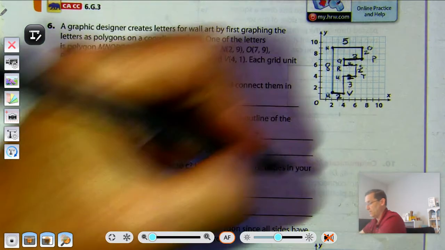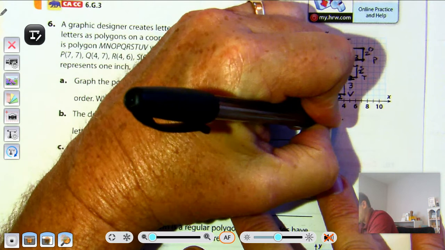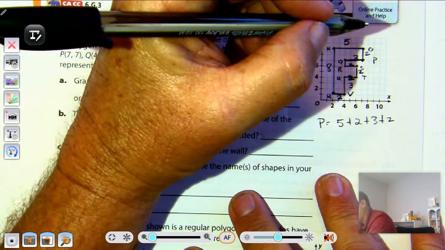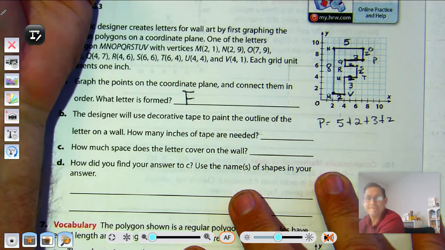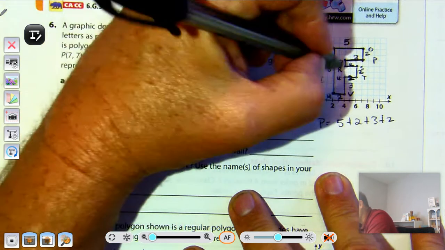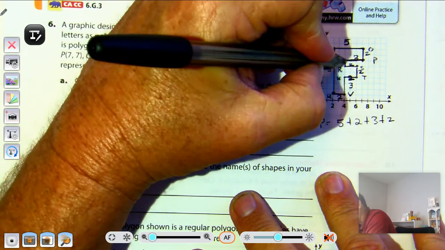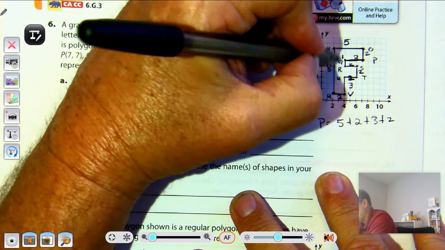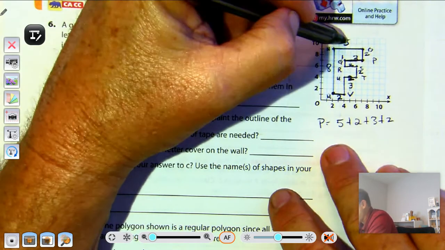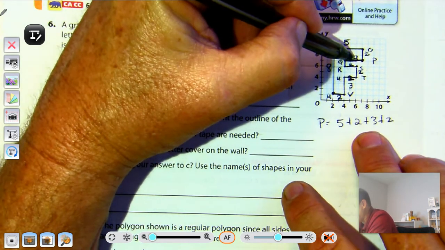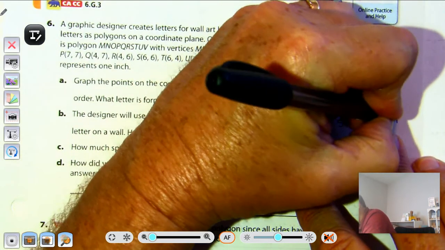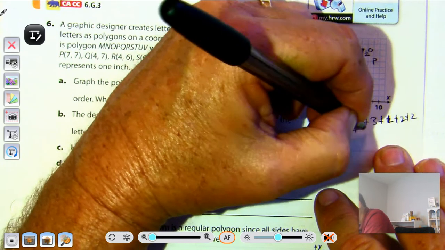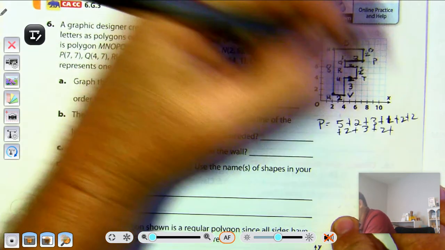So let's just add those all up for the final perimeter. 5 plus 2 plus 3 plus 2. And we actually have 1 here. Q to R is just 1. So let's see. 5 plus 2 plus 3 plus 1 plus 2 plus 2 plus 2 plus 3 plus 2 plus 8.